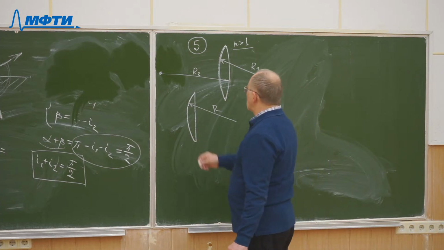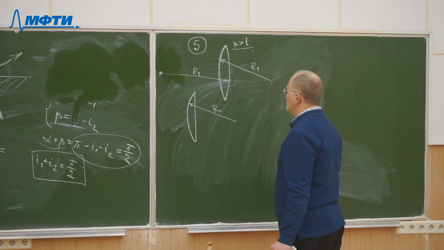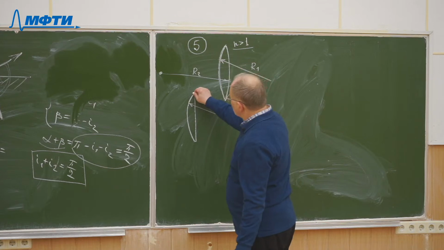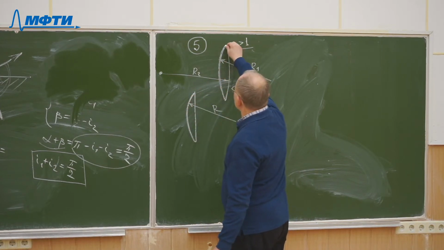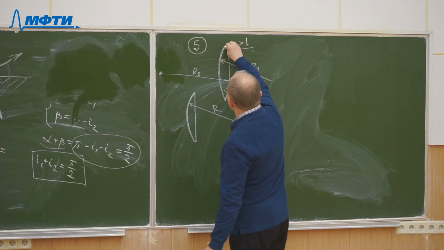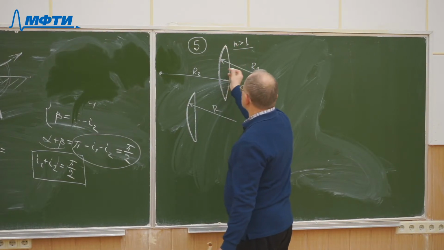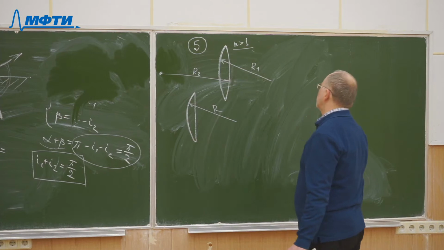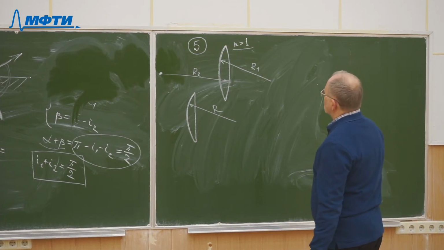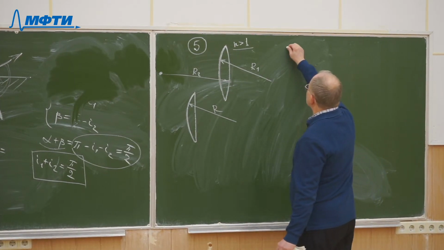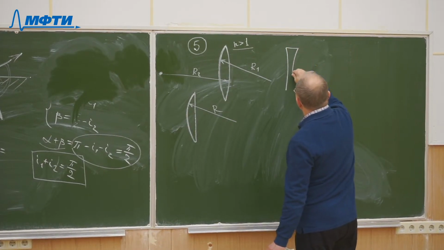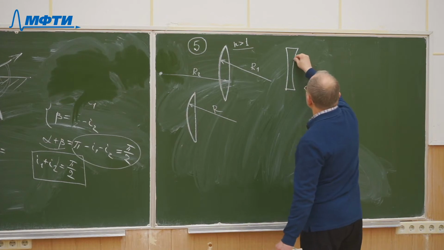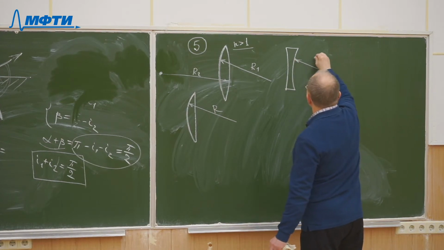So this lens is called a convex lens. Convex, which means that the surface is convex. And here we have 2 convex surfaces. So this is a double convex lens. Sometimes people produce lenses with concave surfaces, with some radius of curvature.